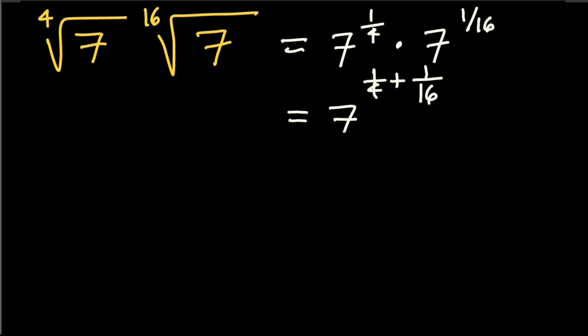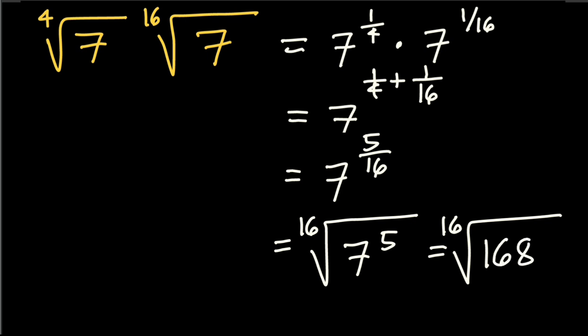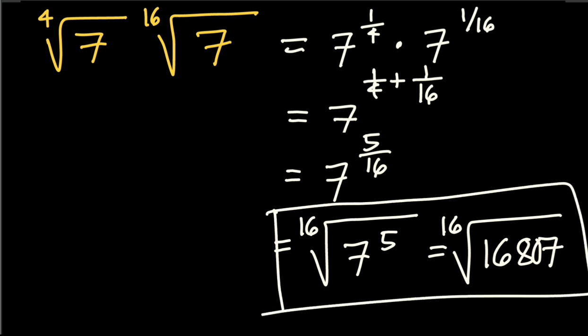Therefore, we can write this as 7 to the 5/16, or in radical form as the 16th root of 7 to the 5th. Or we can further simplify by expanding 7 to the 5th. This is just the 16th root of 16,807. So this is our final answer.